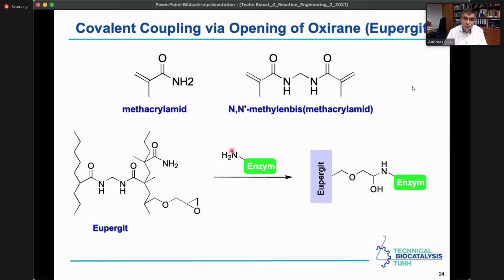And this forms, once again, a very stable, non-cleavable, non-hydrolyzable linkage. Advantage of this method is that you do not need an extra chemical like glutaraldehyde, so the protein will directly attach to this oxirane.